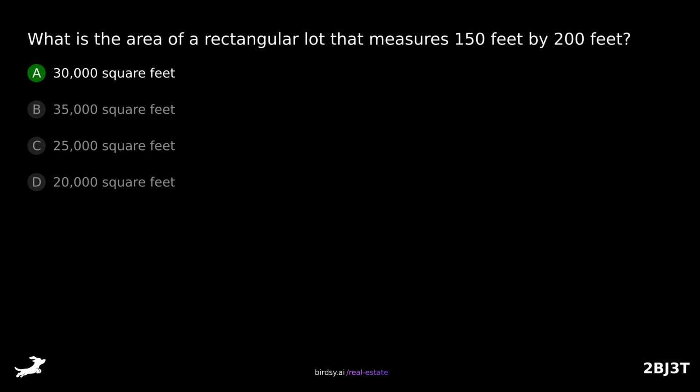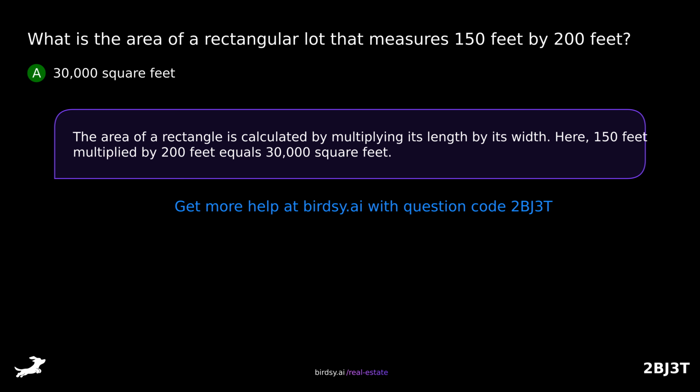The answer is A, 30,000 square feet. The area of a rectangle is calculated by multiplying its length by its width. Here, 150 feet multiplied by 200 feet equals 30,000 square feet.